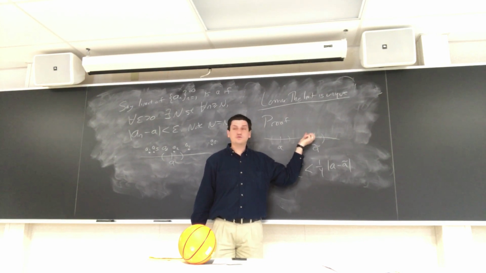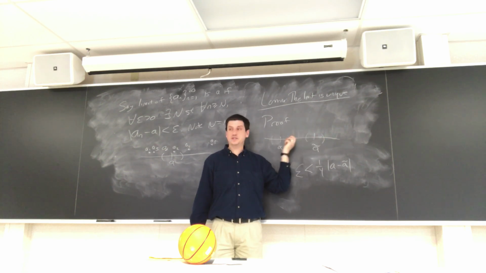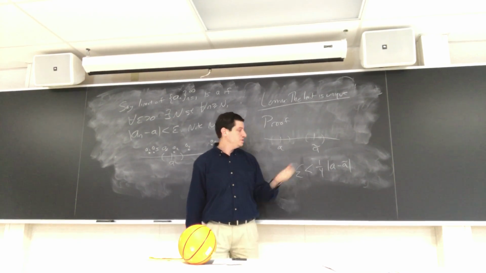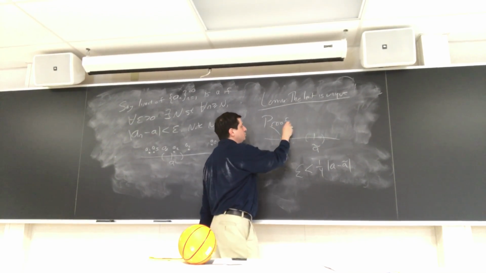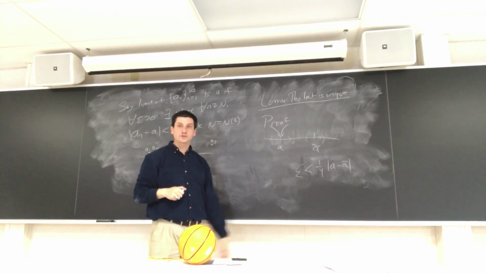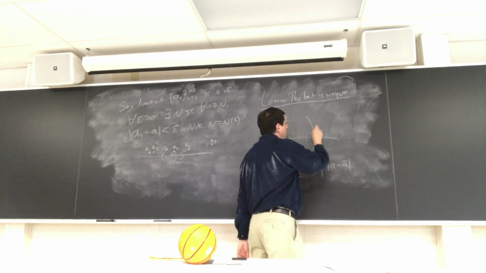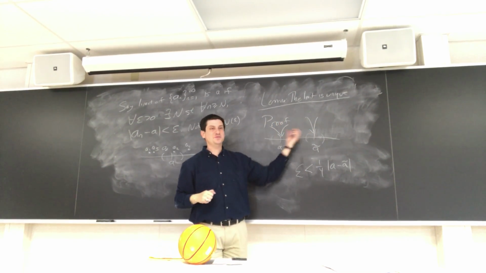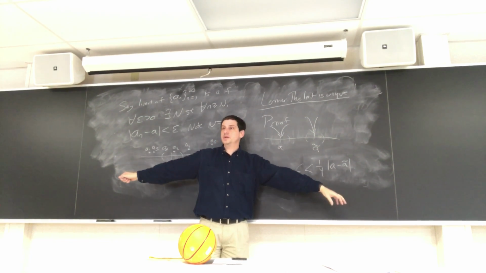But by choosing my windows really small, because these numbers are separated, I can't be simultaneously close. What does it mean for a to be my limit? It means eventually all my numbers are very close to a. What does it mean for a tilde to be my limit? It means eventually all my numbers are very close to a tilde. Well, I can't be simultaneously close to both of them because they're well separated.